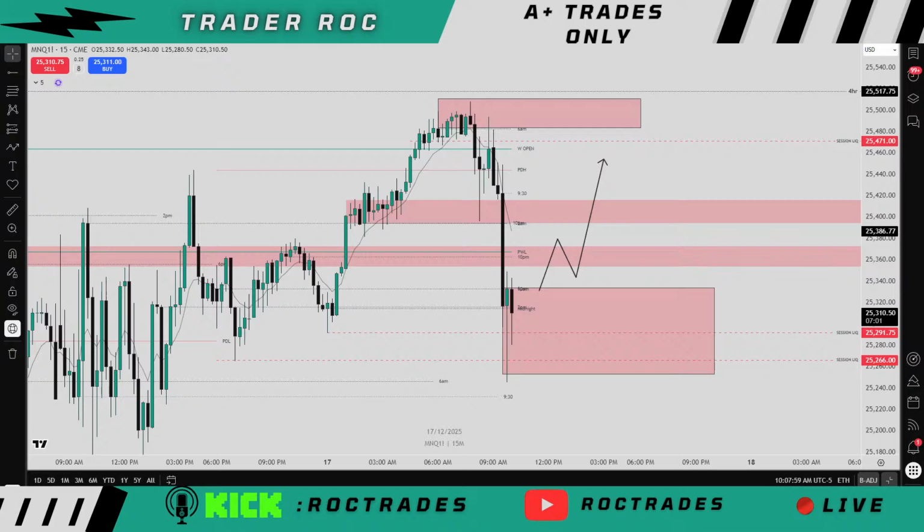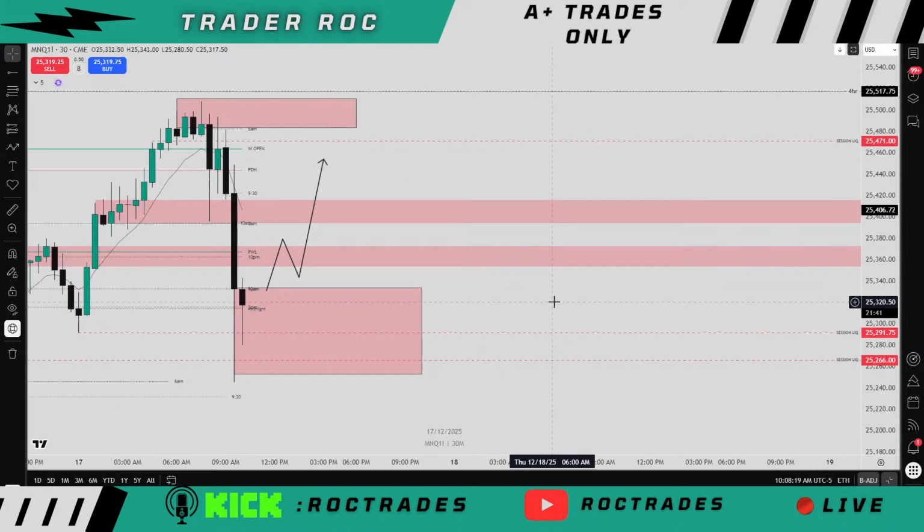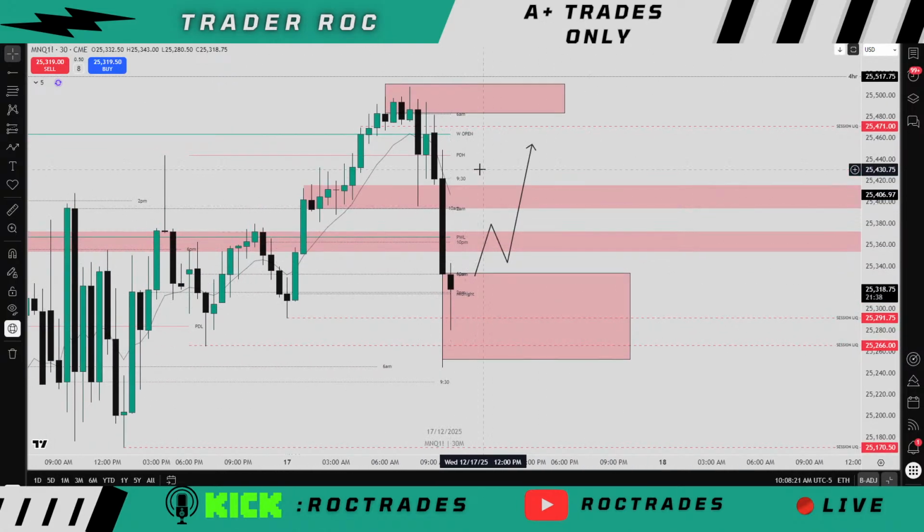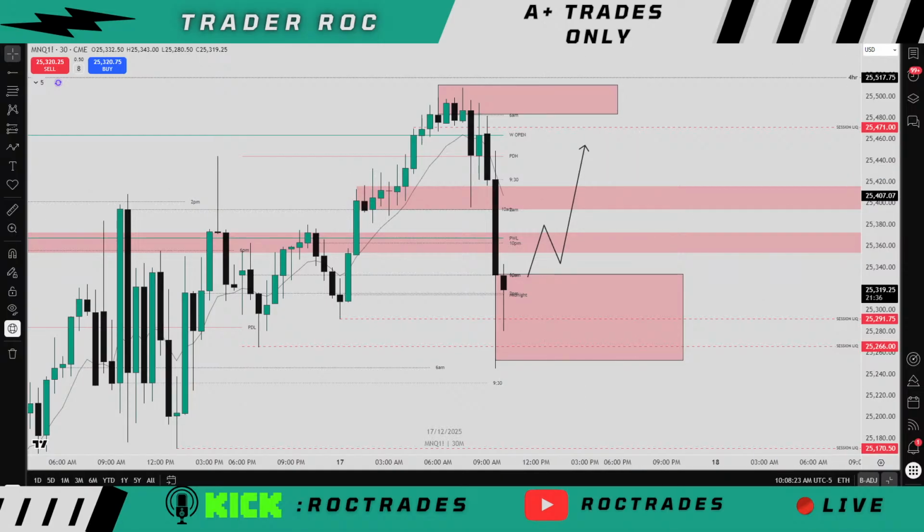Let's see if Top Step is really down. Someone was telling me Top Step was down. I haven't tried to sign in yet, but it looks like it's true. Oh wait, no. Top Step is working fine for me right now.